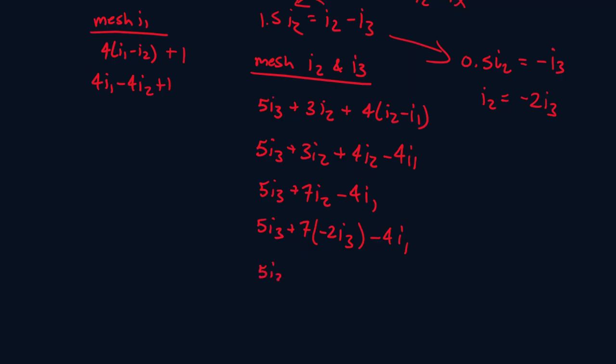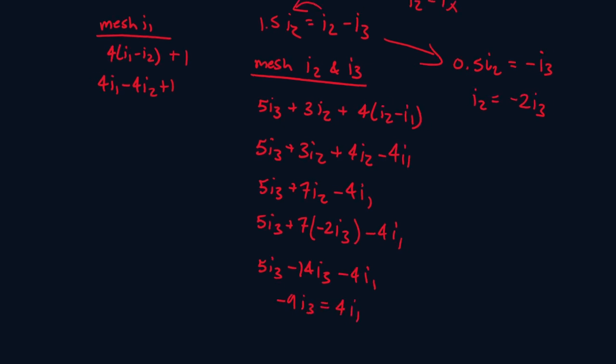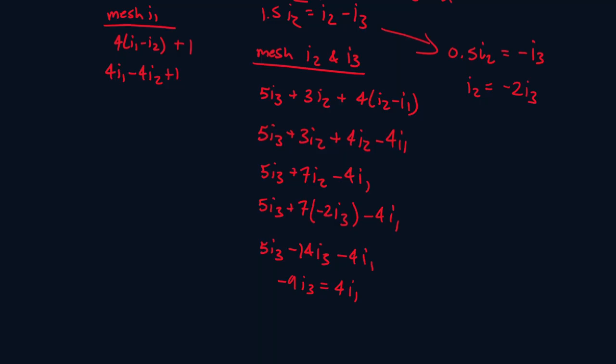So 5 I3 minus 14 I3 minus 4 I1. So 5 minus 14, it's minus 9 I3. Let's bring the 4 to the other side, so it'll be 4 I1, and it'll be 9 over 4 I3 is equal to I1.